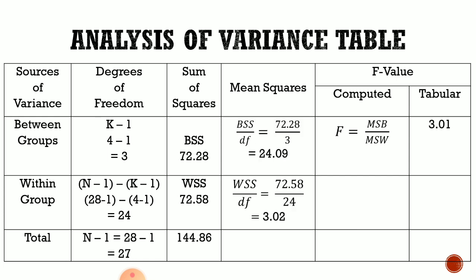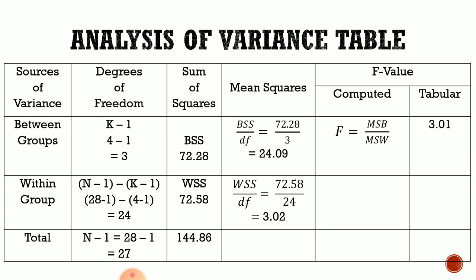That is the between sum of squares divided by the degrees of freedom between groups. So that is 72.28 divided by 3, which is equal to 24.09. Then, for the mean squares within group, that is the sum of squares within group divided by the degrees of freedom within group. So that is 72.58 divided by 24, which is equal to 3.02.